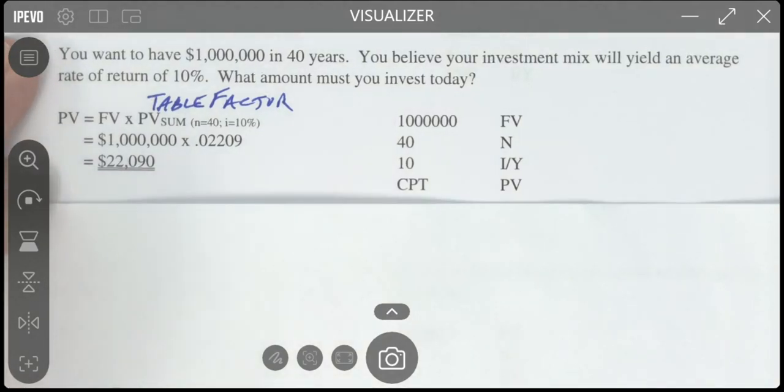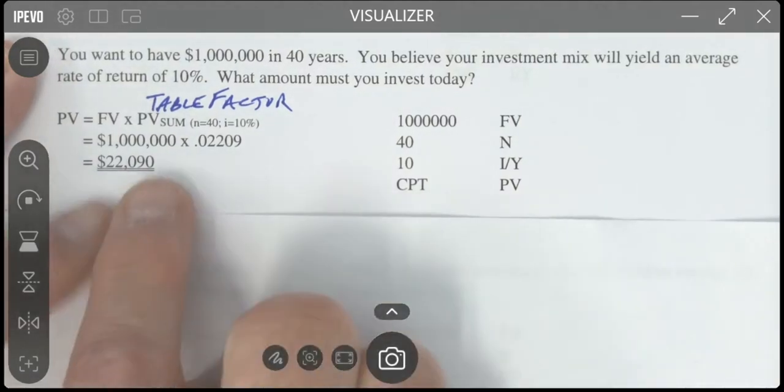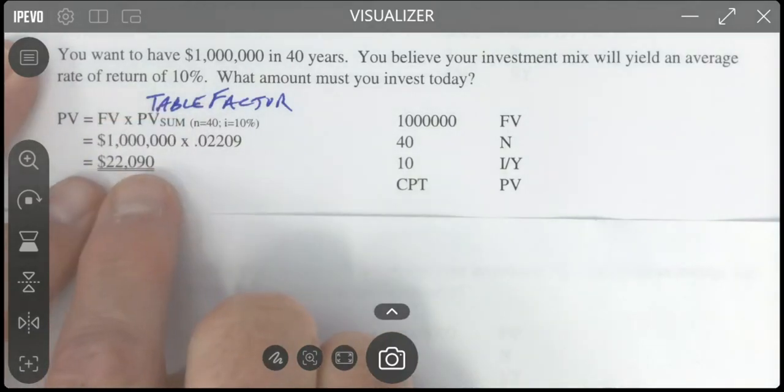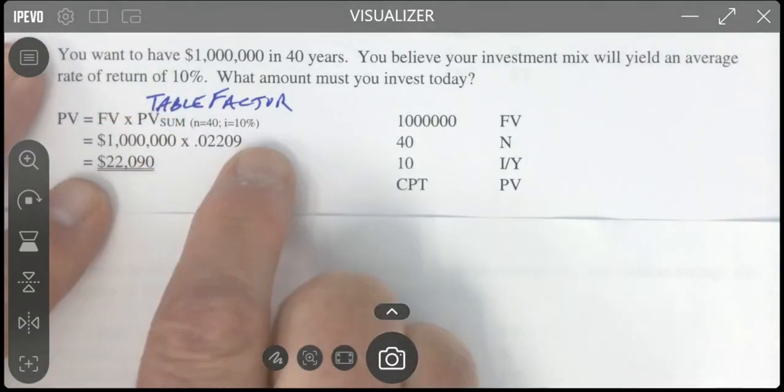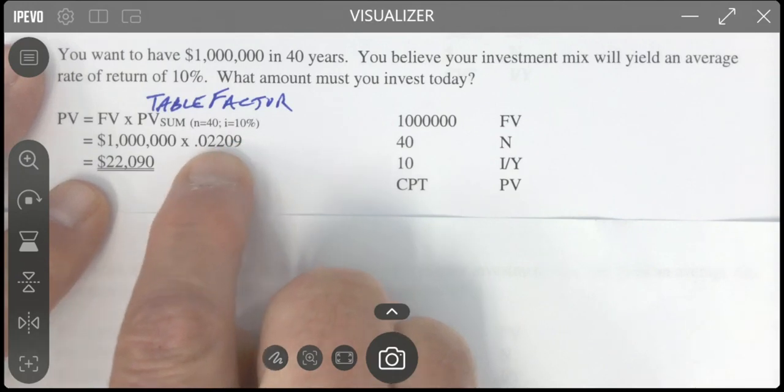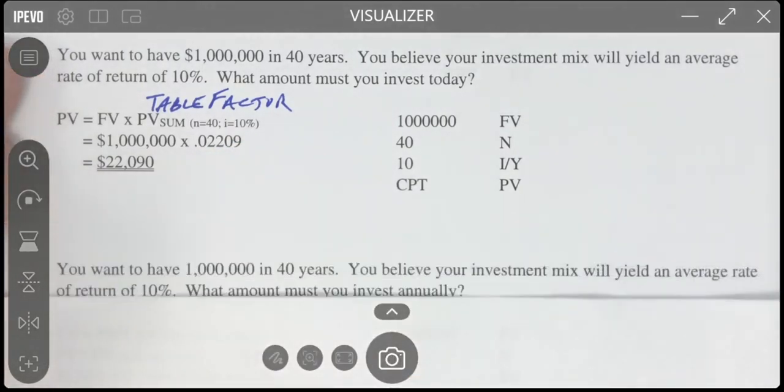All right. You can see there was a little bit of a rounding difference of $4, but I think you'll be happy with whatever the answer is. That's just a rounded 5 digits, and Excel didn't round.